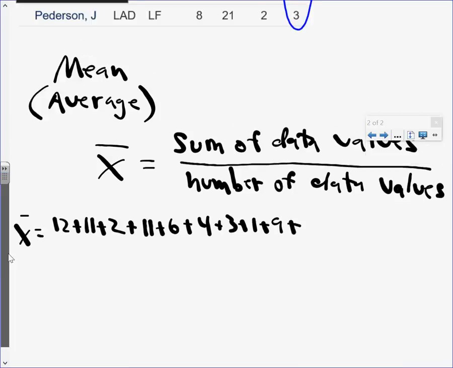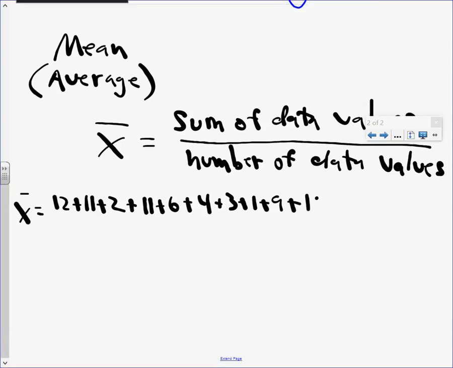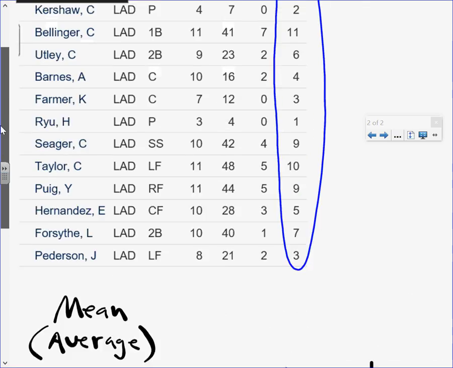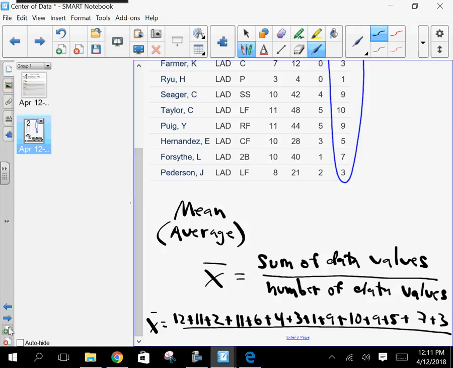Just adding up the data values. That's all I'm doing. Plus 10 plus 5, plus 7 plus 3. Those are all the hits of the Dodgers.